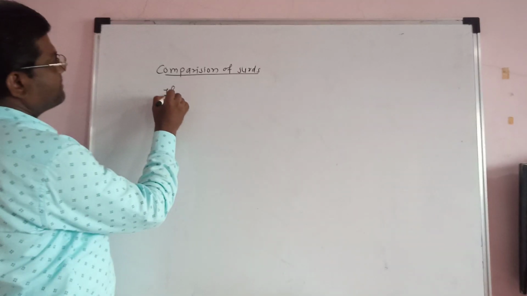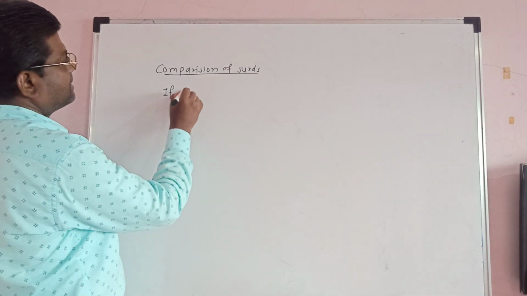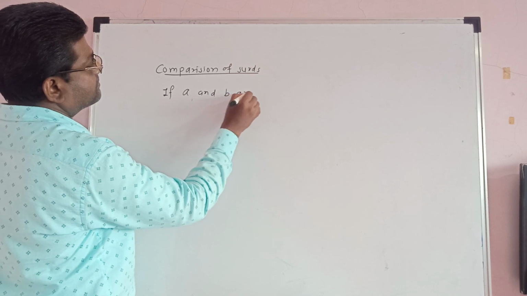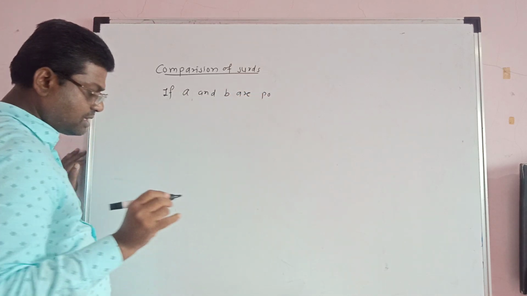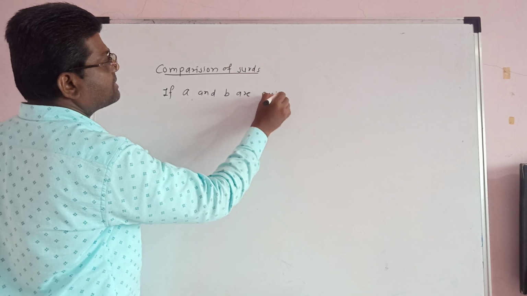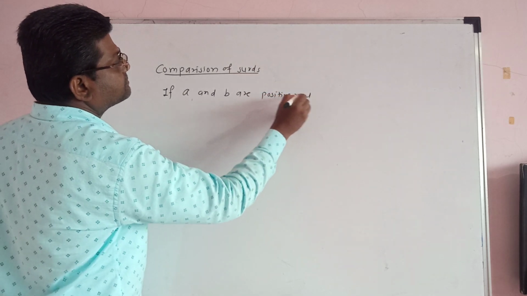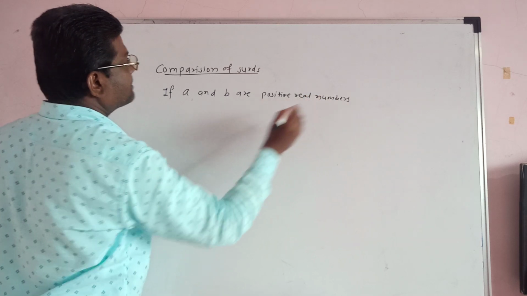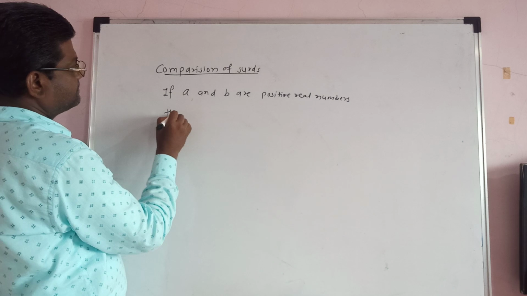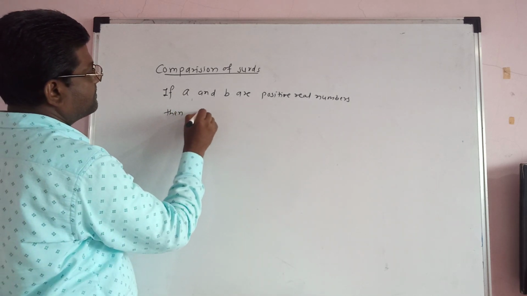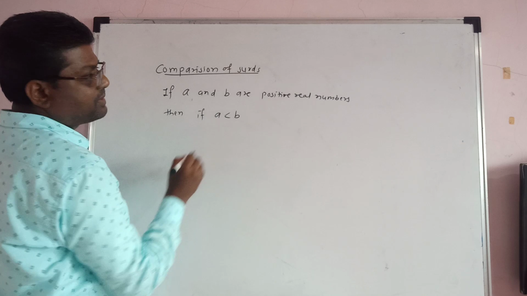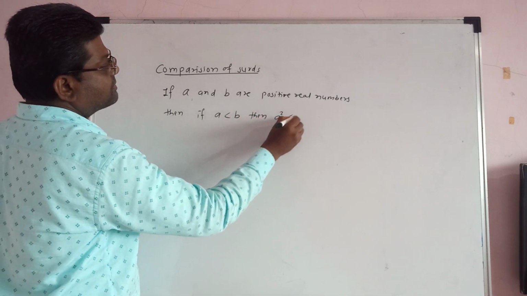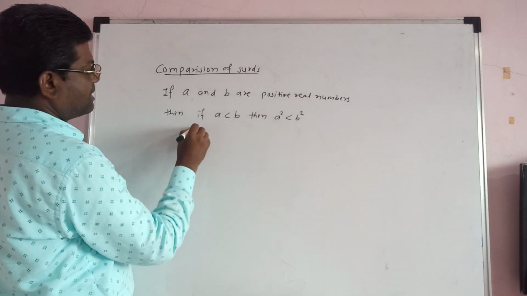So what is meant by comparison of surds? If a and b are positive real numbers, then if a is less than b, then a square is also less than b square.